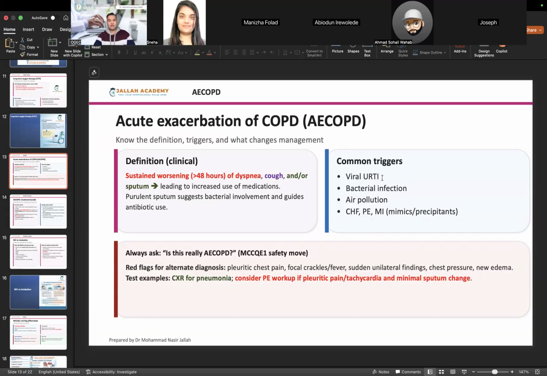Common triggers: viral upper respiratory tract infection, bacterial infection, air pollution, CHF, pulmonary emboli, and MI, which are the mimics. Always ask, is this really the exacerbation? This is a very, very important point of COPD. Because if you have COPD, when the patient comes to the emergency room, we always expect that this should be exacerbation of COPD, right?